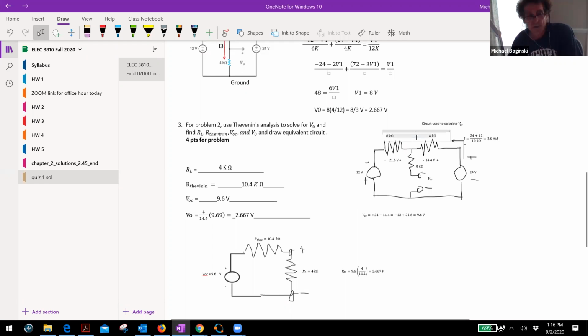It would be minus there, and plus on this side. It would be 3.6 times 4K, right? And I believe that's 14, isn't it, class?